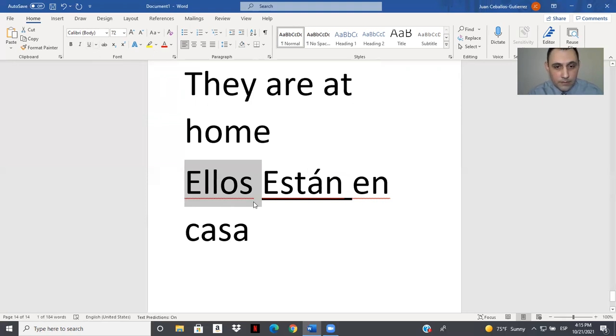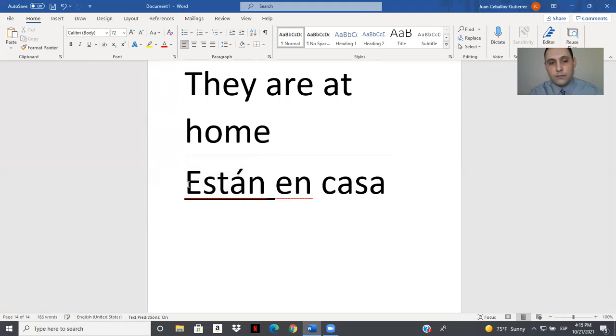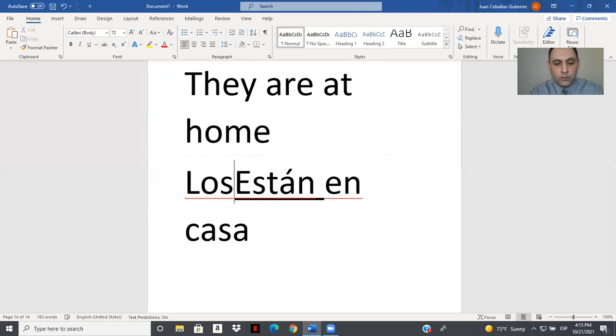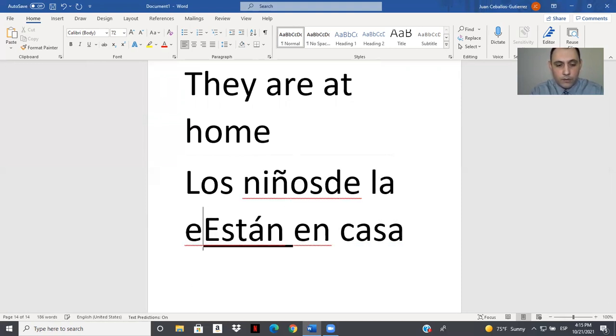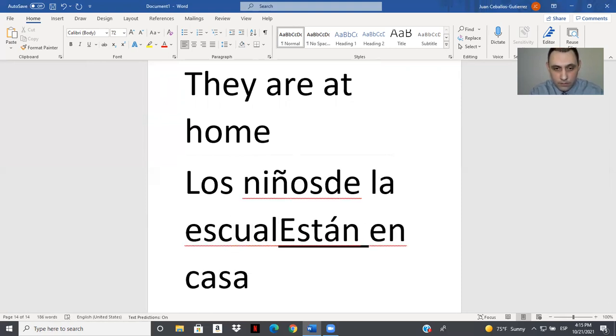So remember that these here are called subject pronouns. Now, instead of ellos, I can put a subject. I can say, los niños de la escuela están en casa.